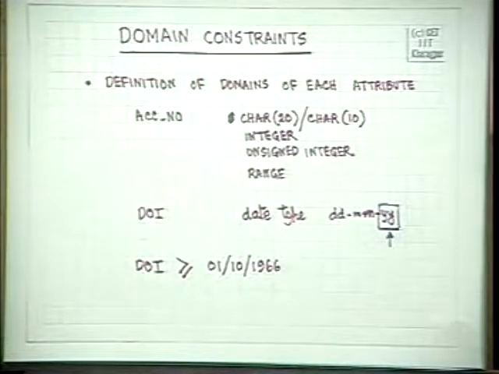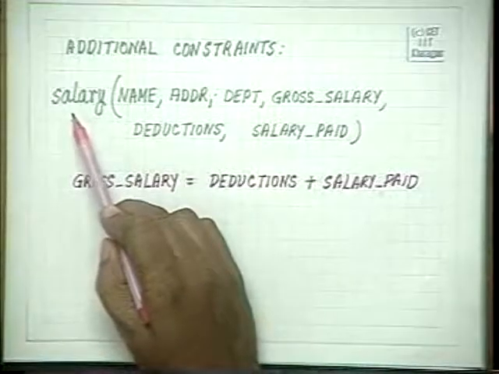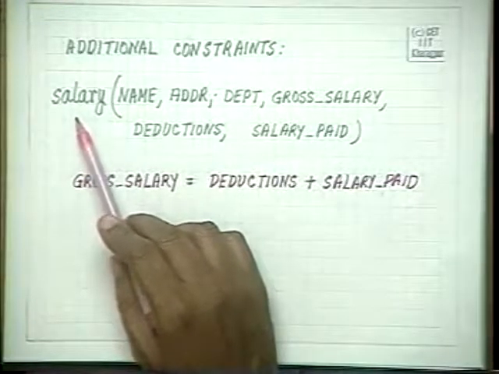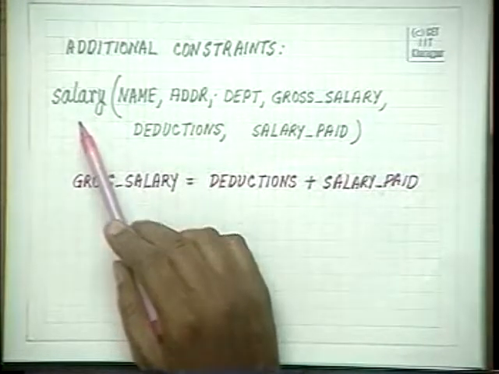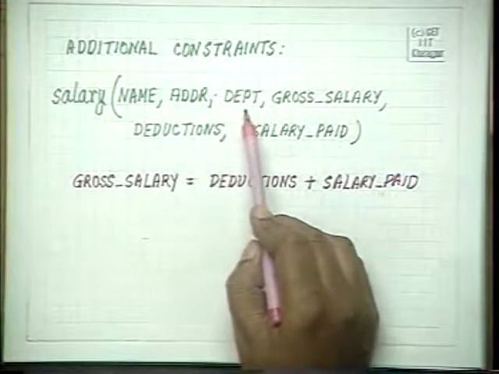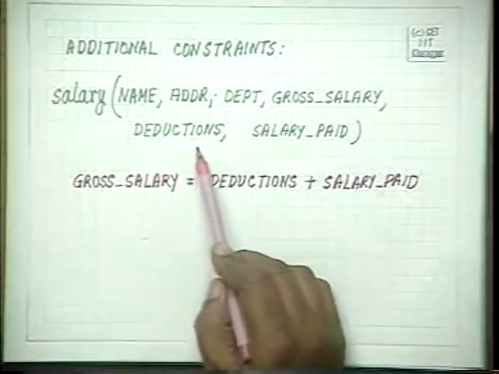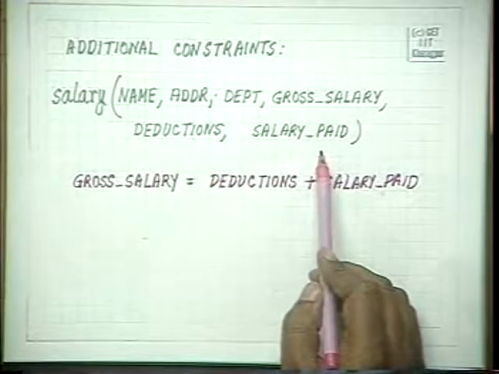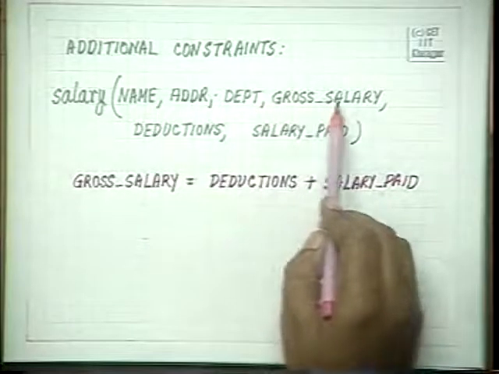A better example is the following entity. Let us take a relation which has the salary of an employee in a particular department. So, the attributes are name, address, department, the gross salary, deductions and salary paid. And each of the domains is defined.